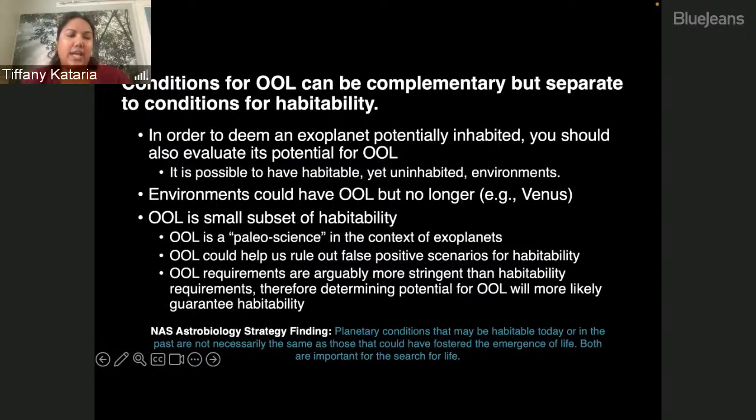Here below, I just wanted to highlight an astrobiology strategy report finding related to the origin of life. Planetary conditions that may be habitable today or in the past are not necessarily the same as those that could have fostered the emergence of life, and both are important for the search for life.